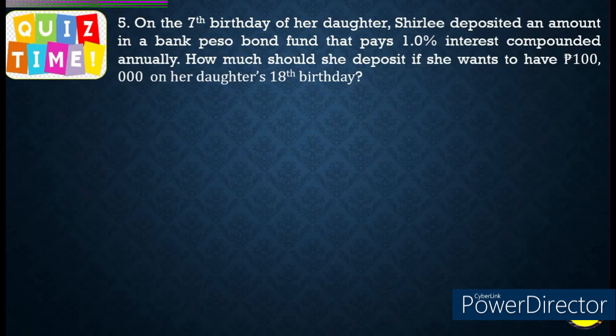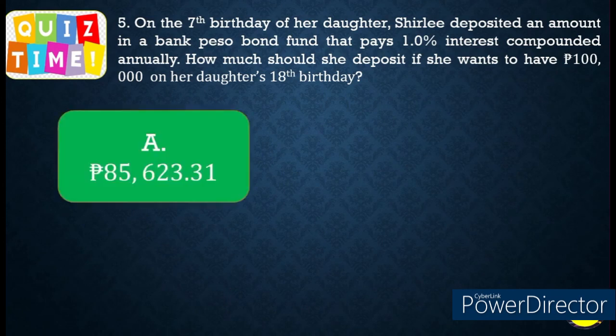Next, for question number 5. On the 7th birthday of her daughter, Shirley deposited an amount in a bank peso bond fund that pays 1.0% interest compounded annually. How much should she deposit if she wants to have 100,000 on her daughter's 18th birthday? Letter A, 85,623.31.